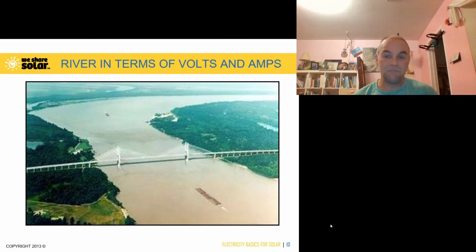And would you say this one is a big or a small current as compared to the waterfall? So again, it's kind of like an analogy, but let's try to take that analogy to the case of water and see how that might relate to the current. If this was a current, would it be a big current or a small current? If it's a voltage, would it be a large voltage or a small voltage?